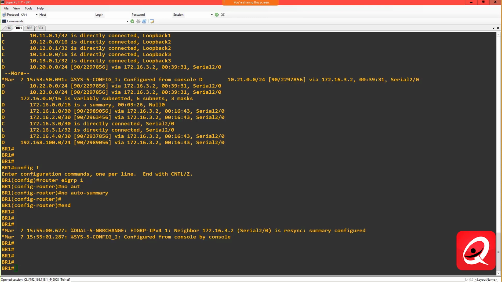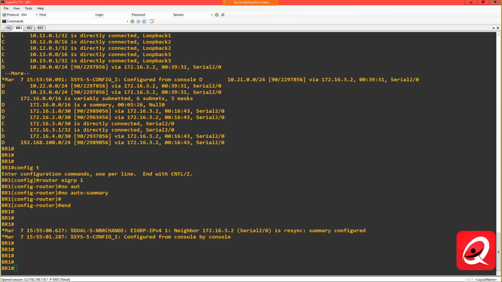EIGRP is a far better protocol to choose in that type of environment. Okay, BGP is very similar. I mean, BGP is a path vector protocol, but it does take a lot of distance vector characteristics. So it is very similar to EIGRP in the fact that it's arbitrary, but it's a little bit more complex.